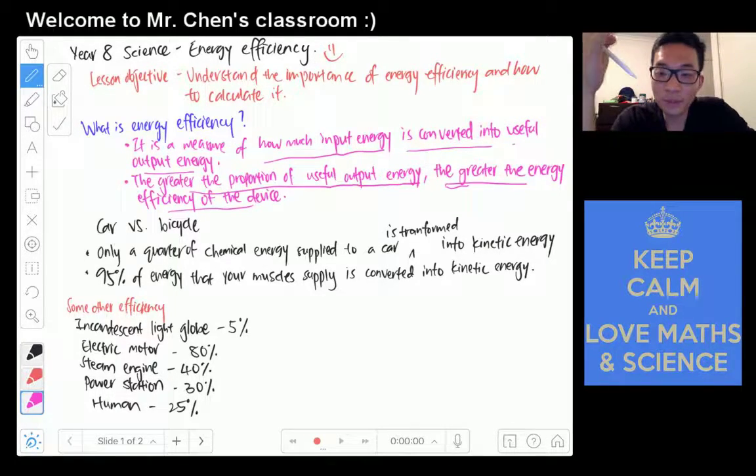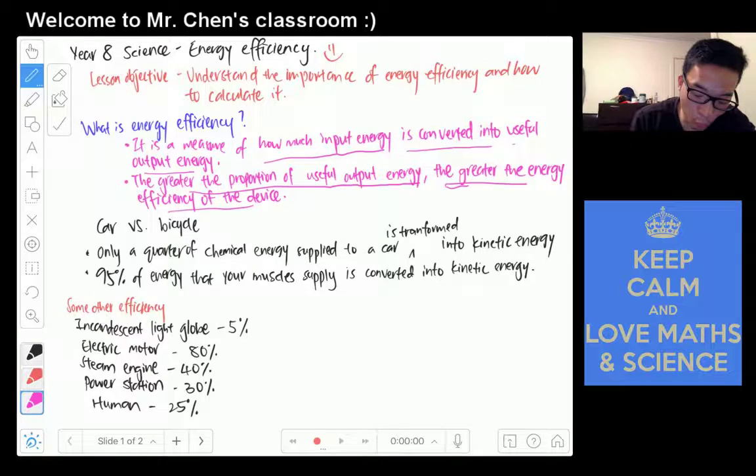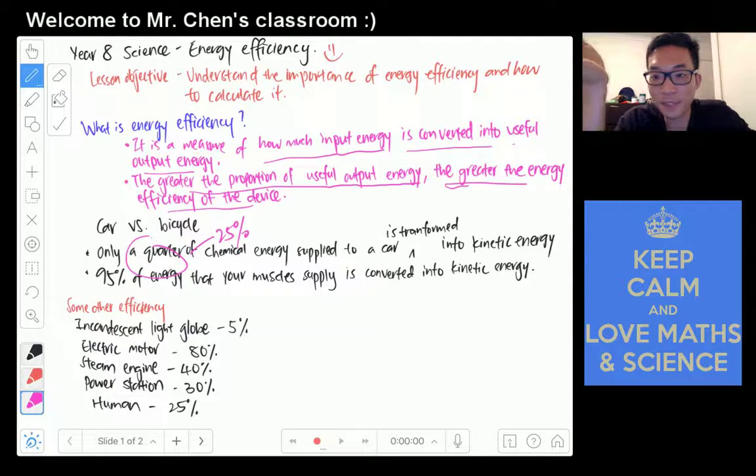Did you know that a car only transfers a quarter of the chemical energy supplied, which is your petrol? Out of 100% of the petrol you put in, only 25% goes into the kinetic energy to move the car. The rest is transformed into heat and sound.